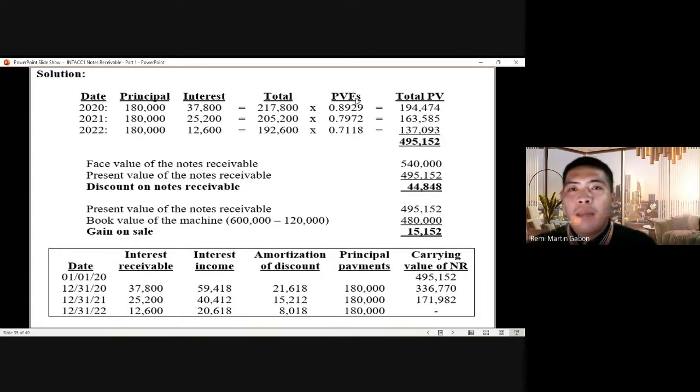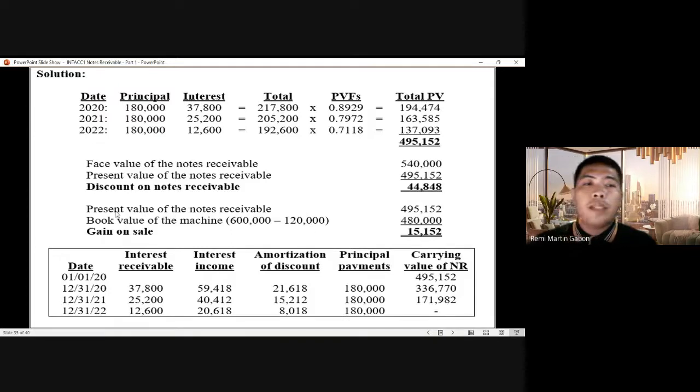So multiply by the present value factors. So individually yan. Total present value factor natin is 495,152. So versus the face value of the notes of 540,000, our discount is 44,848.